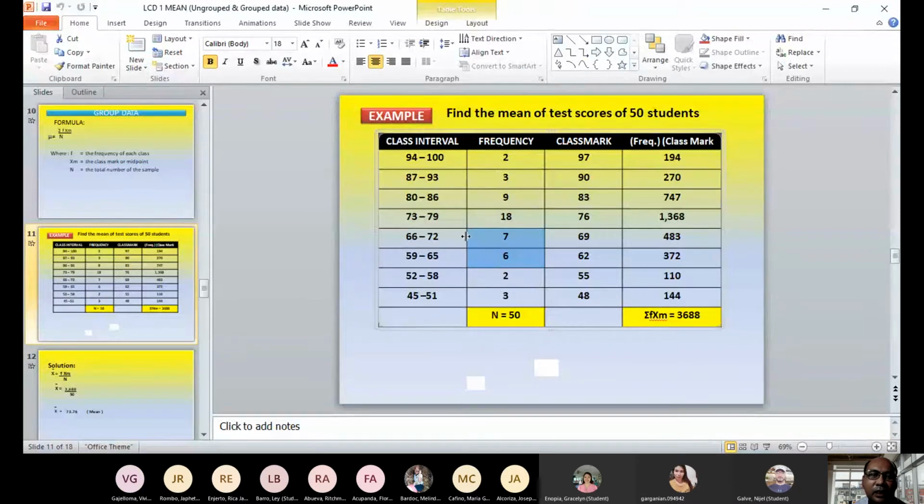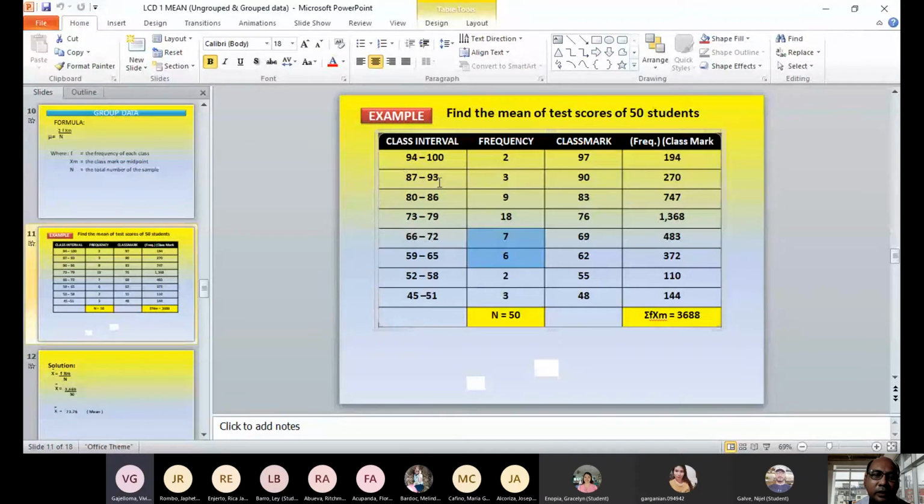Meaning, the given is only the first 2 columns, class interval and the frequency. Our first class, the arrangement of our classes, again, is highest to lowest. So that means 94 to 100, only 2 students got the scores.